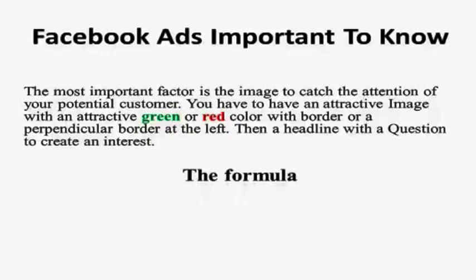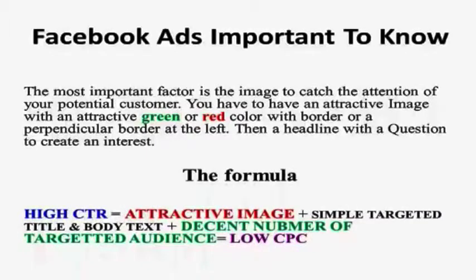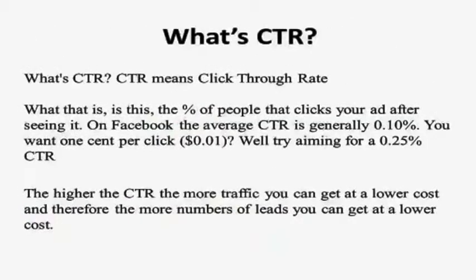The formula is high CTR equals attractive image plus simple targeted title and body text plus decent numbers of targeted audience equals low CPC. What's CTR? CTR means click-through rate.